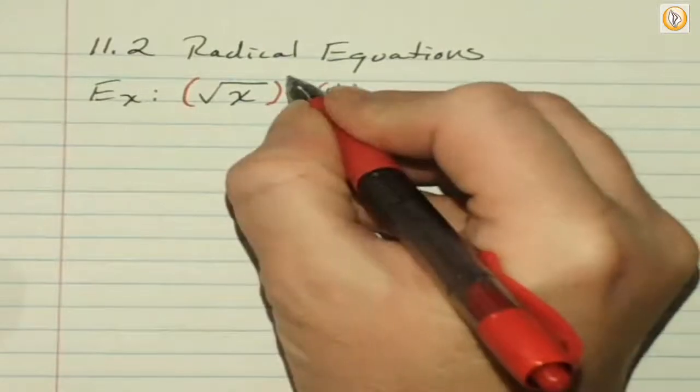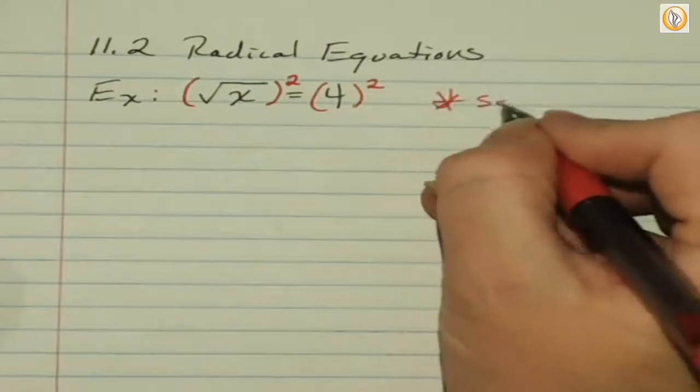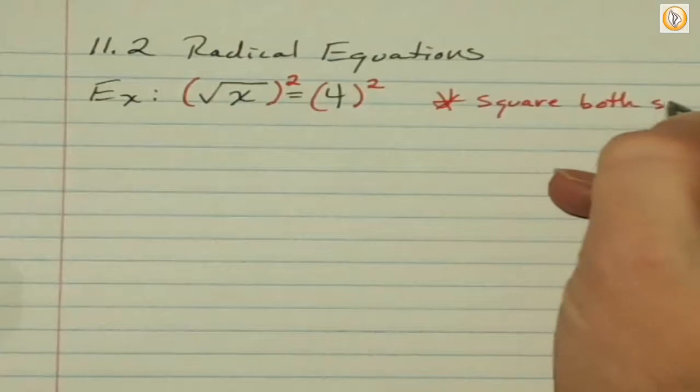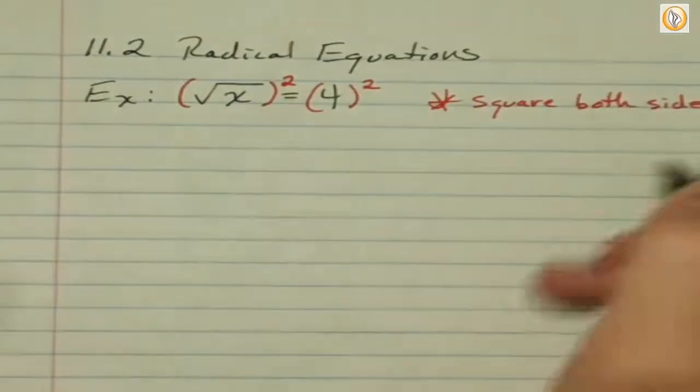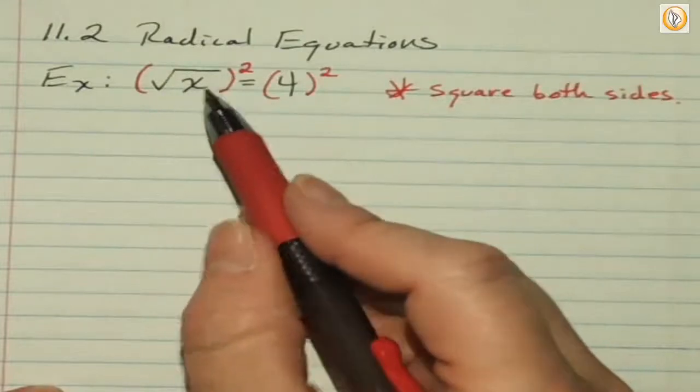square both sides, because we've got to get rid of the radical sign.